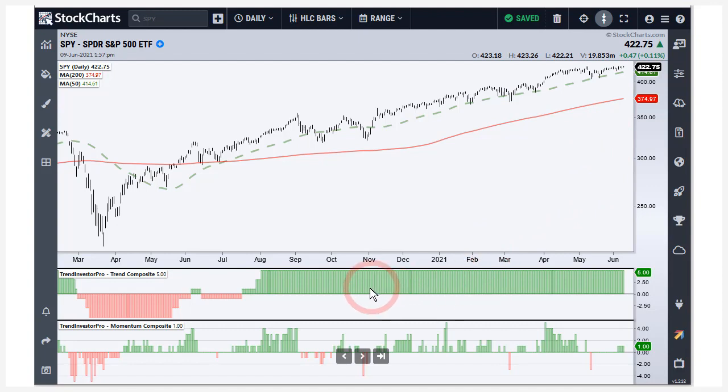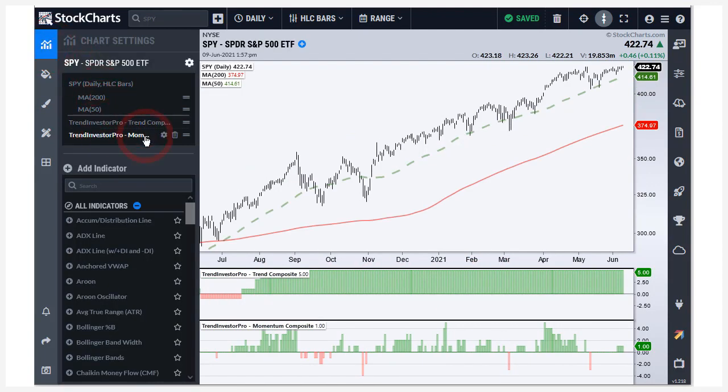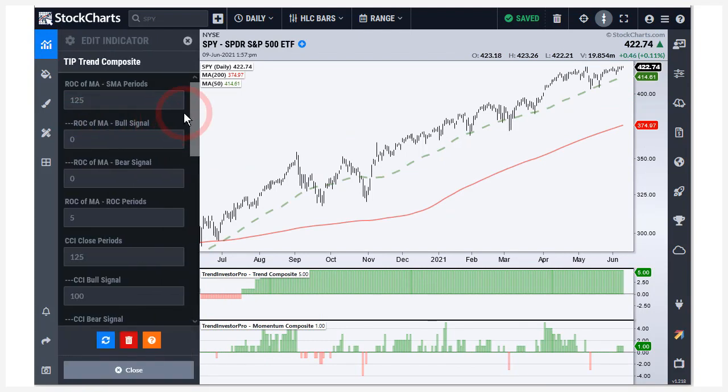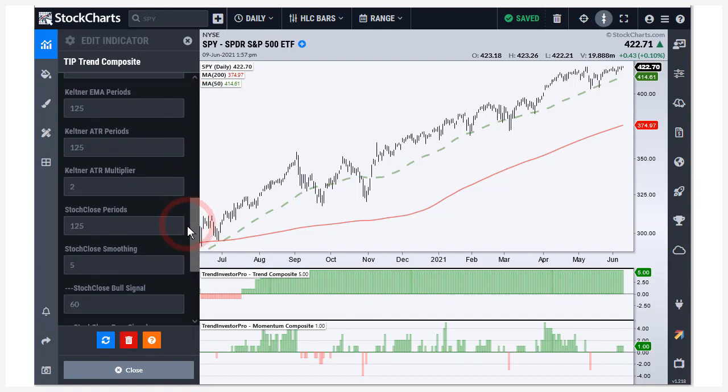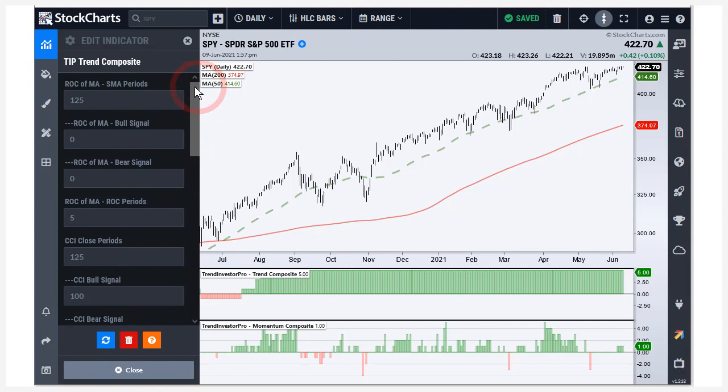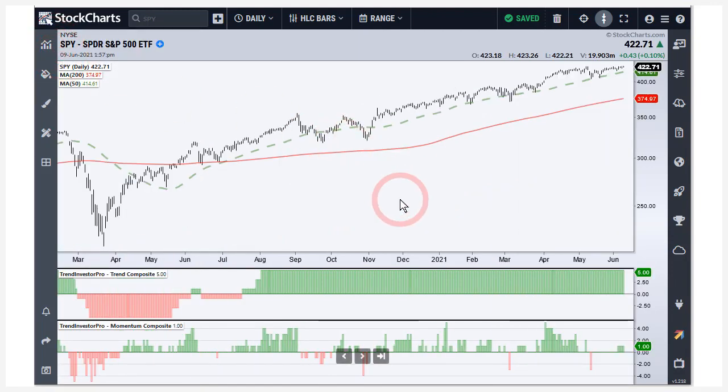Now this indicator here is an aggregate of 5 trend following indicators. So if I click on the settings here for the trend composite, you can see all those indicators, and that's also detailed when you look for more information about the plugin, the 5 trend indicators, and the signals I look at.